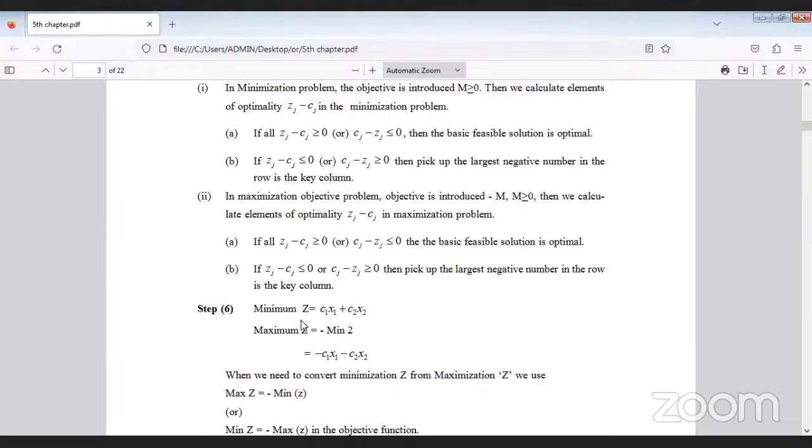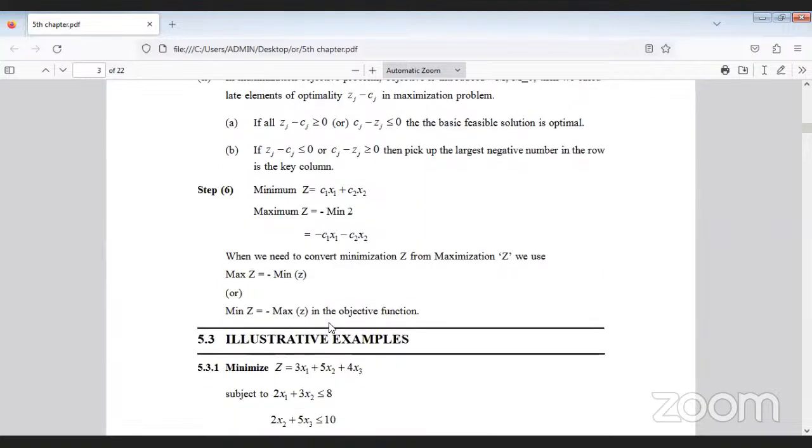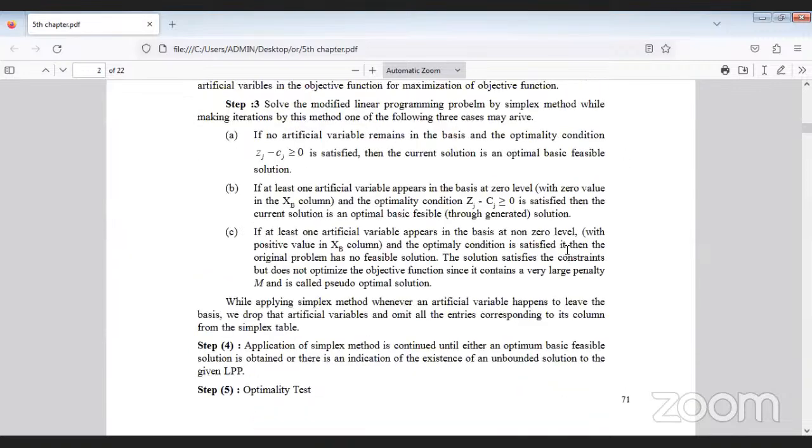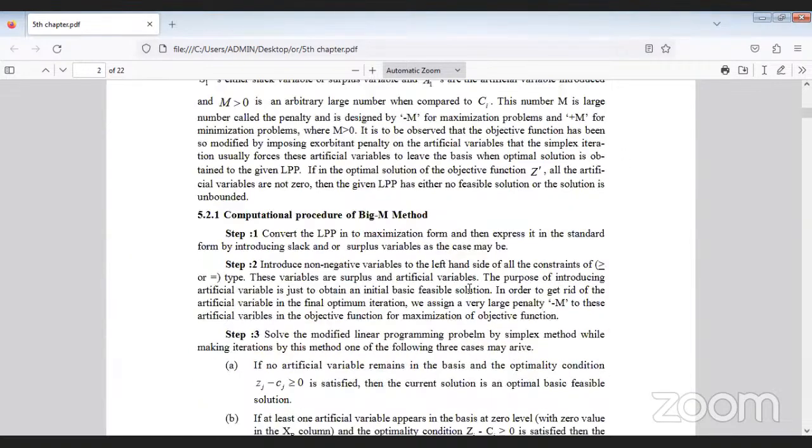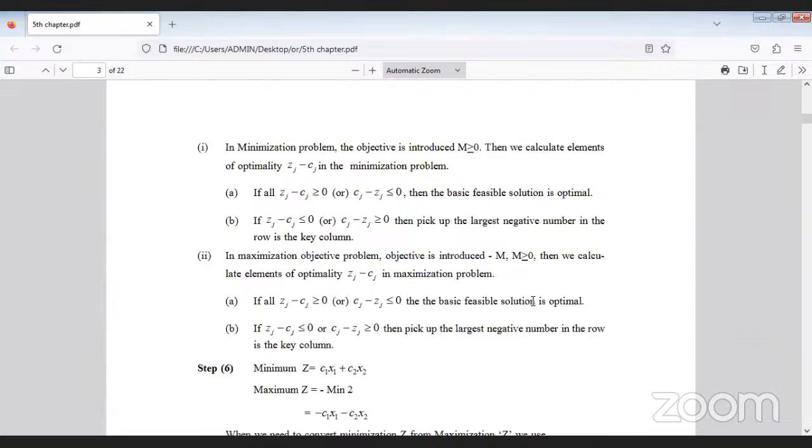If Zj minus Cj is less than 0, pick the largest negative value, and that is the key column. Step 6: Z equals C1x1 plus C2x2, so minus minimum Z equals minus C1x1 minus C2x2. We need to convert to maximization Z, so minus minimum Z becomes maximum Z of the objective function. They will ask for the procedure of the big M method. You have to write this computational procedure.